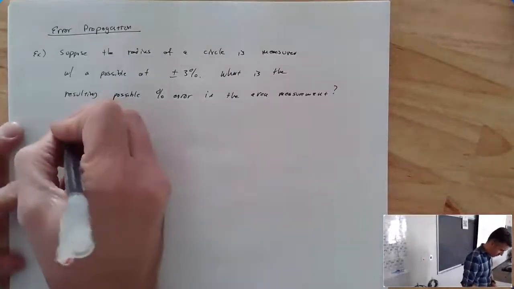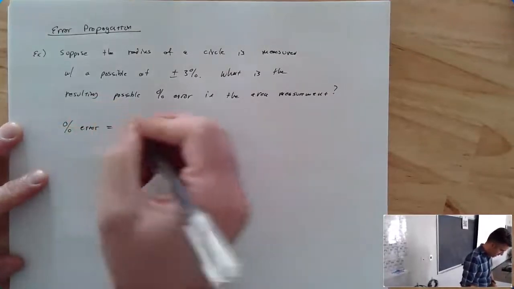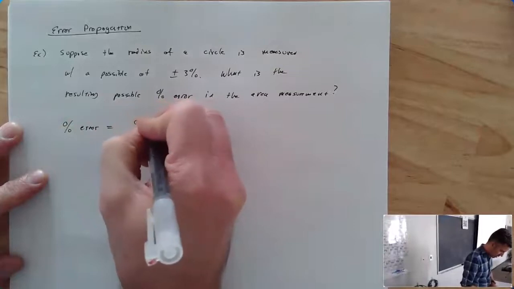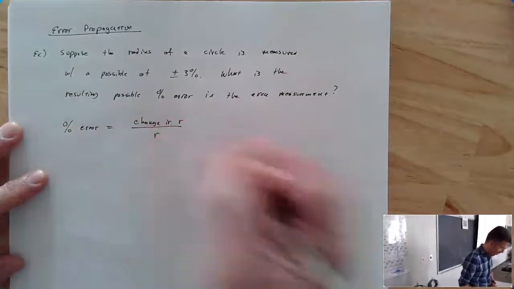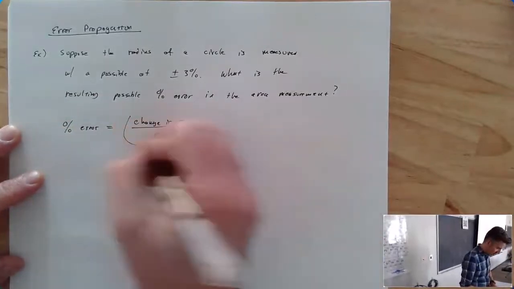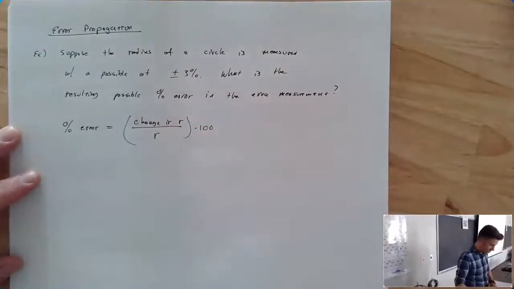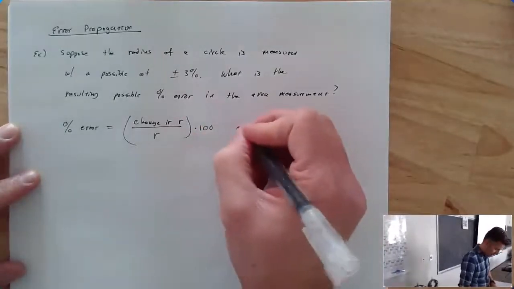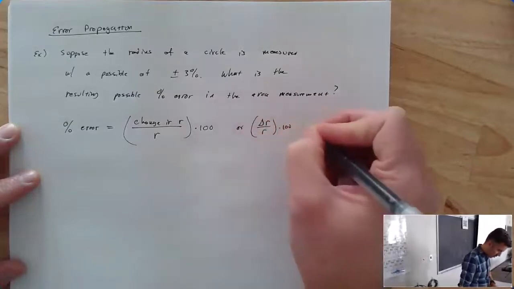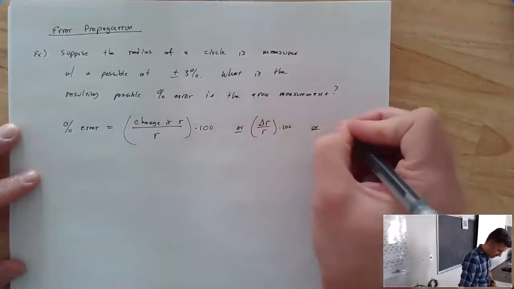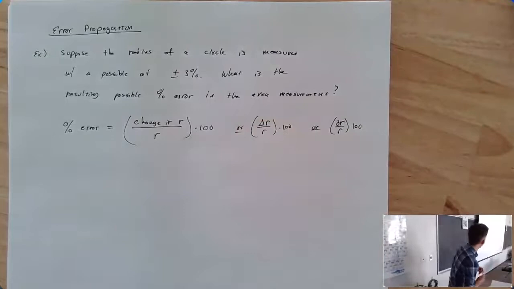So percentage error of something that's been measured is essentially the change in the thing you're measuring, in this case the radius, divided by the total radius. And then sometimes we multiply it by 100 if you want it to be a percentage. You might think of this as delta R over R times 100, or you might think of it as dR over R times 100. Same kind of idea.